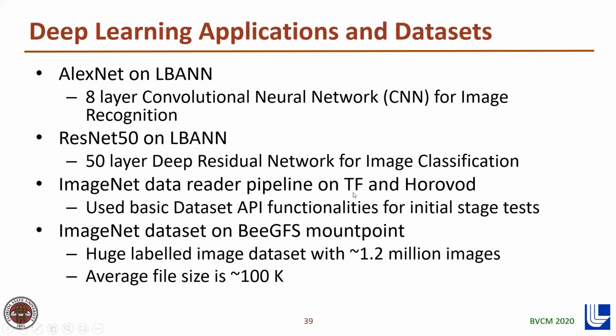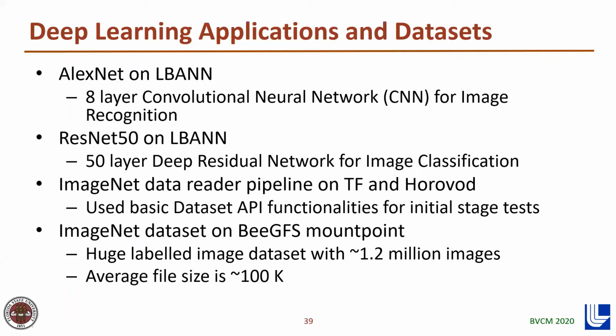And about the deep learning applications and datasets, we have used AlexNet and ResNet50. AlexNet is an 8-layer convolutional neural network for image recognition. In the case of AlexNet, we used the ImageNet dataset, and we kept the ImageNet dataset on the BeeGFS instance we have in our Livermore Catalyst cluster.